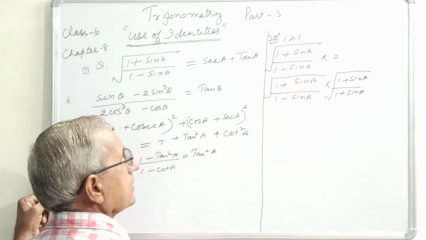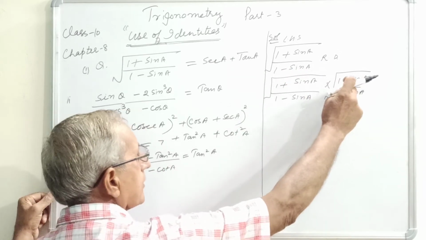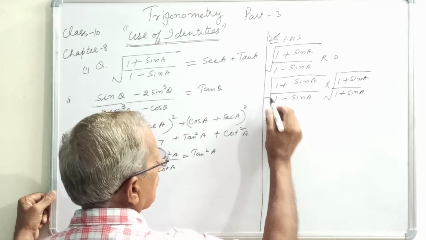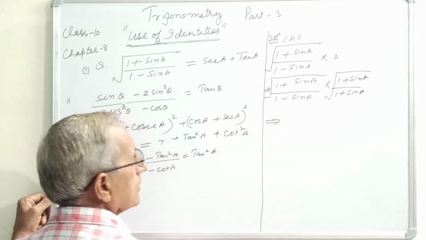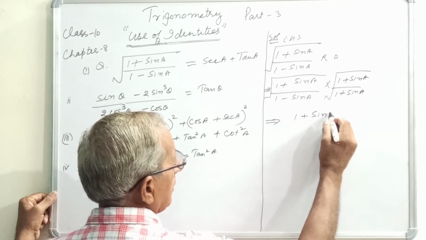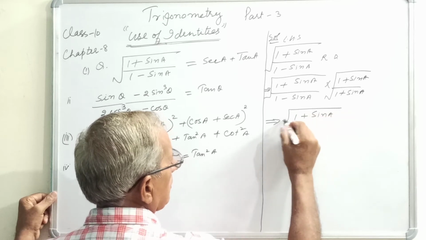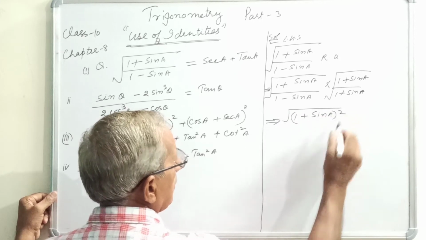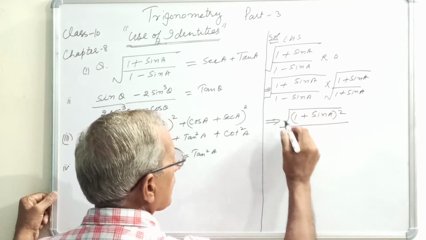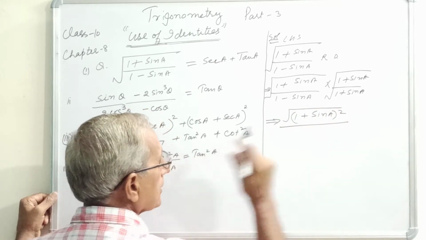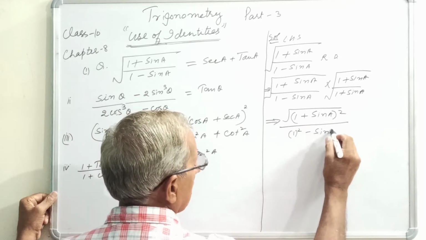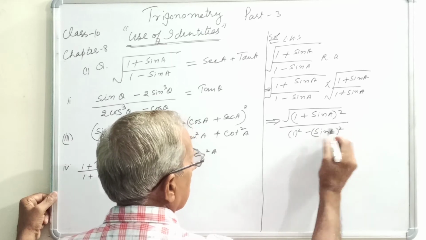1 minus sine A becomes 1 plus sine A, 1 plus sine A. So just see in the numerator we have the similar two terms, 1 plus sine A under root whole square, whereas in the denominator 1 minus sine A into 1 plus sine A. So square of 1 minus square of sin A under root.